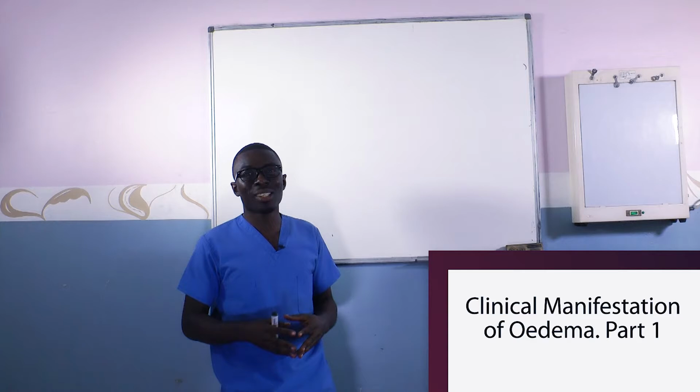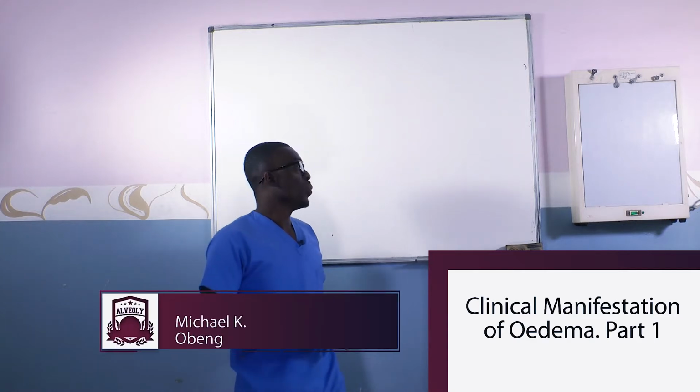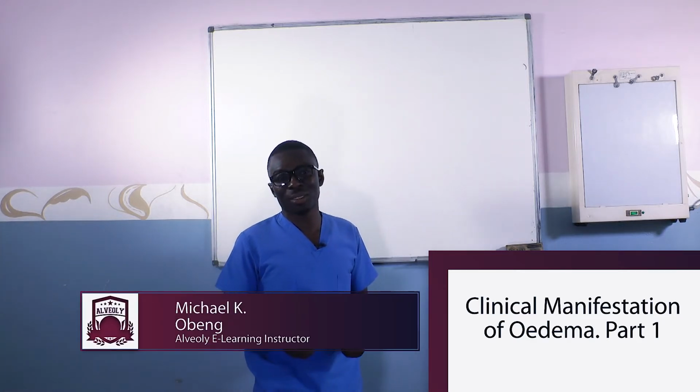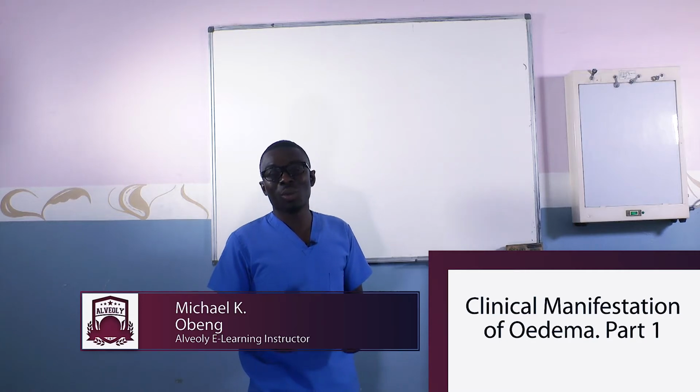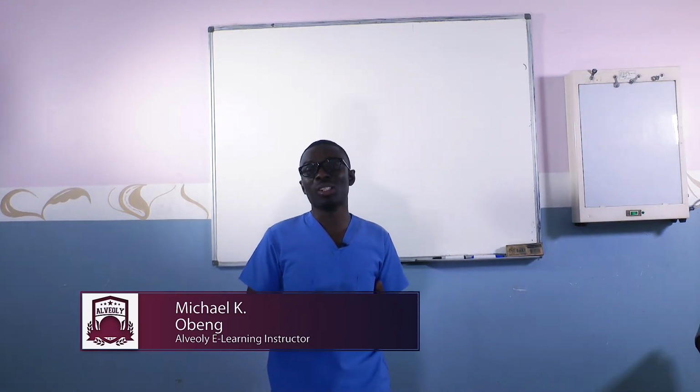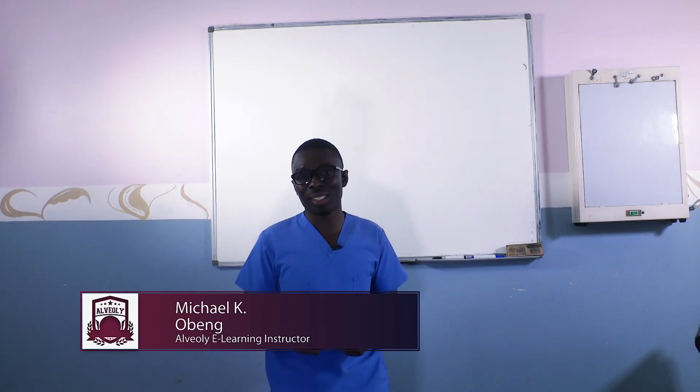From our previous lesson, we looked at forms through which edema can be formed. We looked at about 4 steps or processes through which edema formation can occur. So if you haven't watched it, kindly watch that video to help you understand the formation of edema.